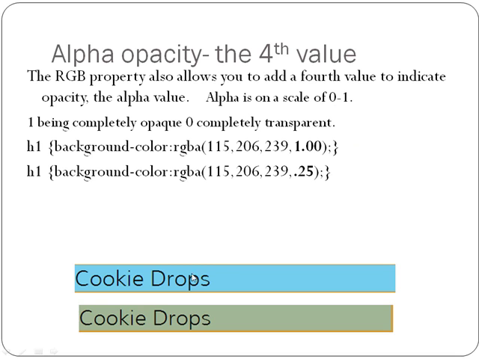So here's an example of, I've set background color, and now you have to change the syntax a little bit. I put RGBA for alpha, and then I put in 4 values. My first one is red, second one is green, third one is blue, and the 4th one is opacity. So in this example it's kind of like a cyan color at 100% opacity, but in the second example I've lowered the opacity to 0.25.